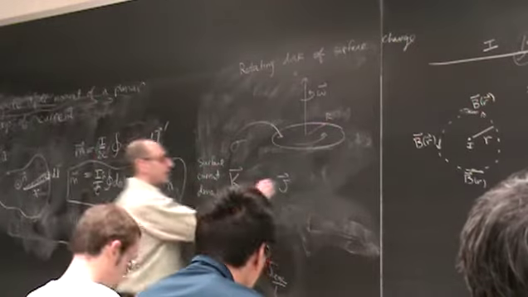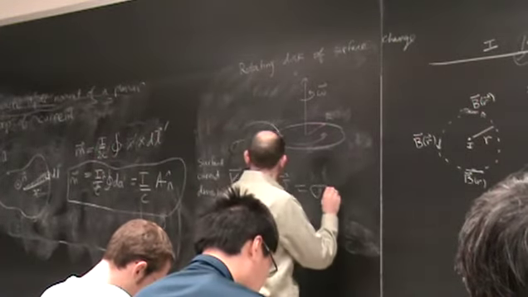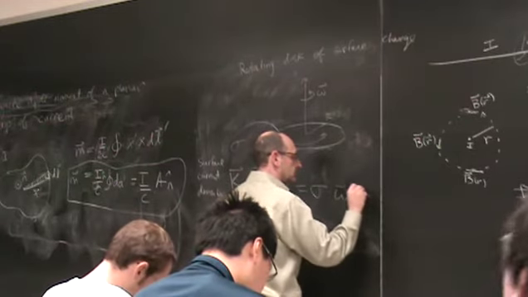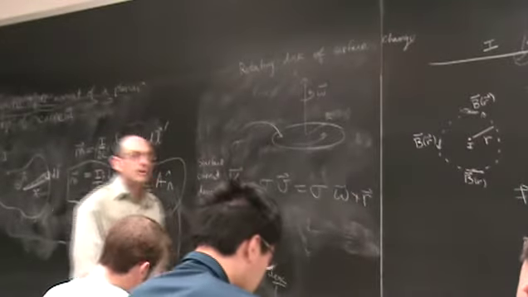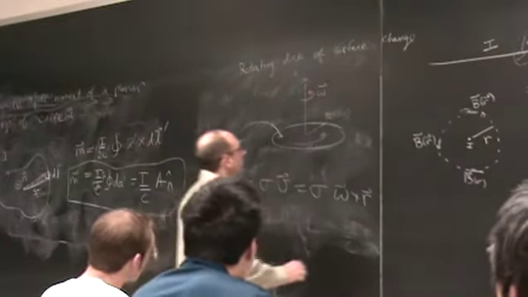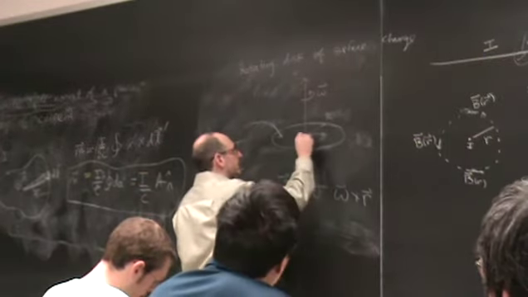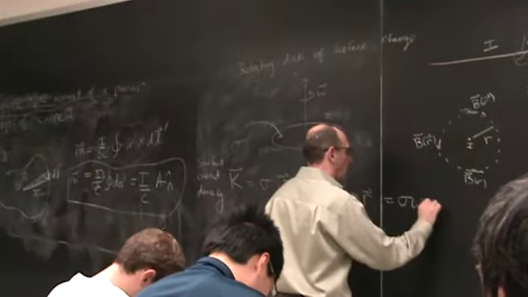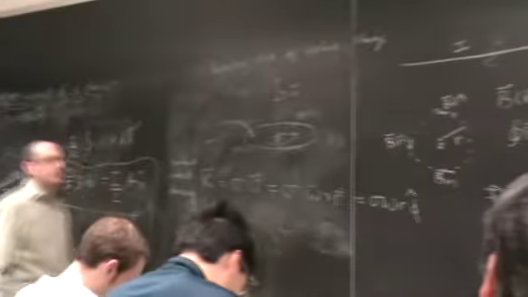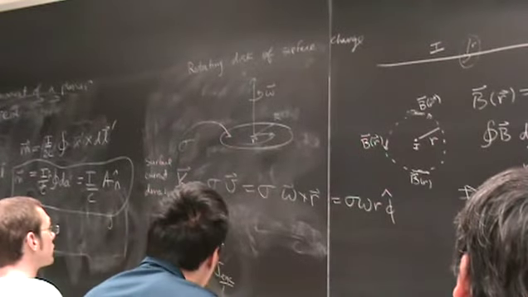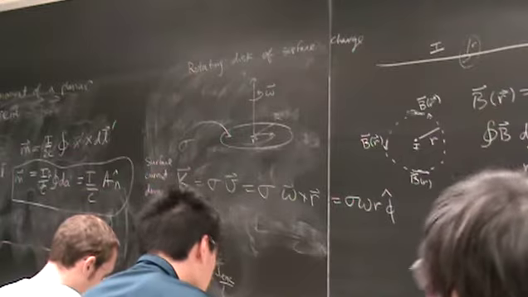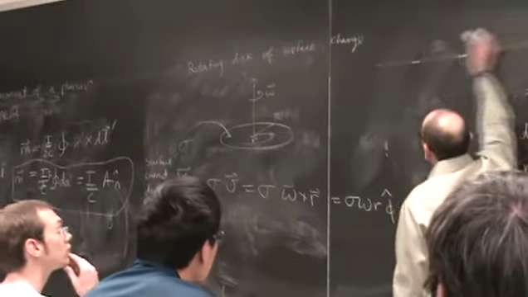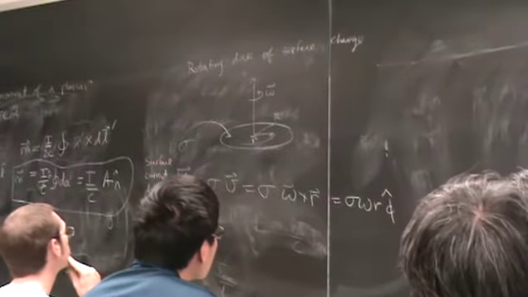And of course, the velocity is just omega cross r, and r being this vector. So this is omega r in the phi hat direction. Okay? So that's my surface current, and I want to know what is the magnetic dipole moment associated with this current distribution.